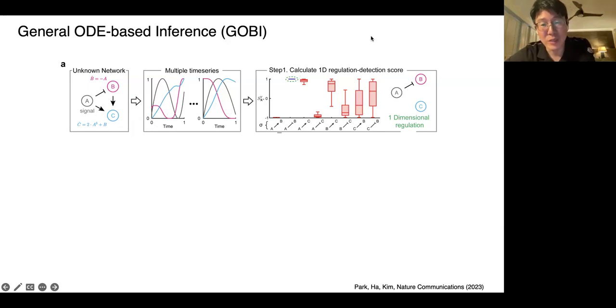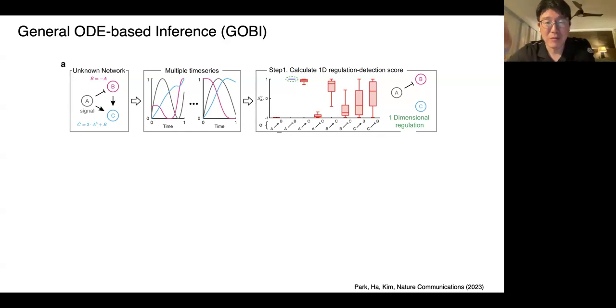Let's begin with the 1D regulation detections. For the 1D regulation, 9 types of regulation are possible: A to B positive regulation, A to B negative regulation, A to C positive regulation, and so on.